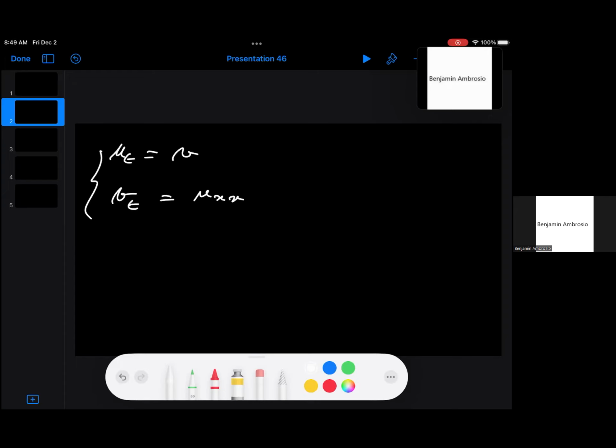Okay, and so now, to do what we did before, I would like to write that (u, v) prime, the derivative with respect to the time, equals A (u, v).